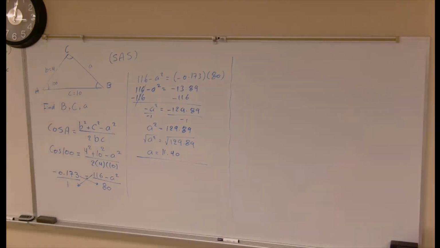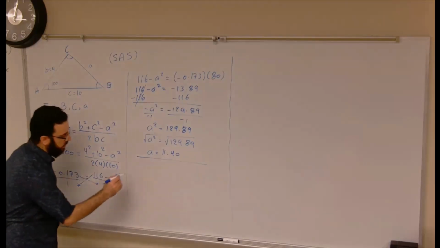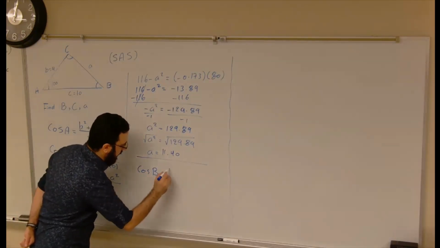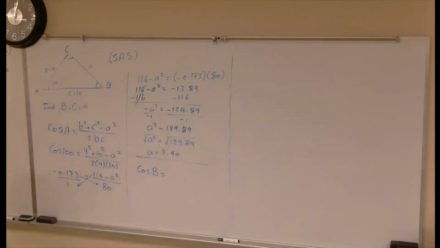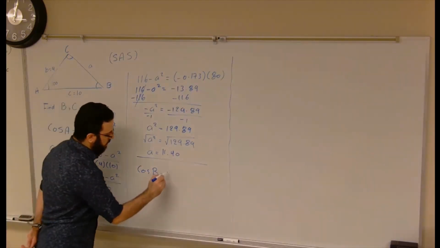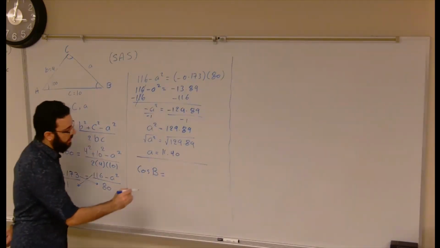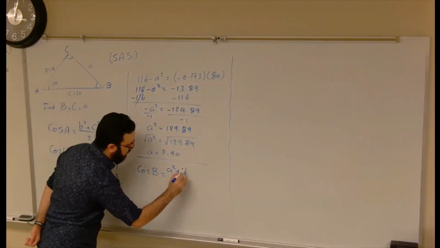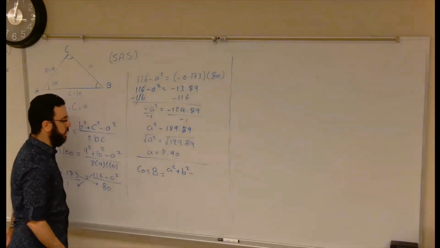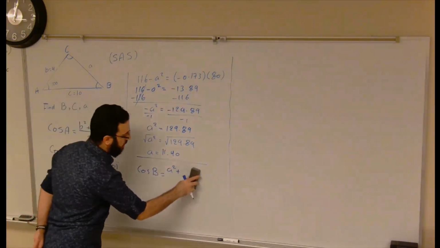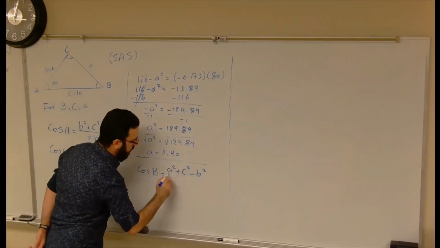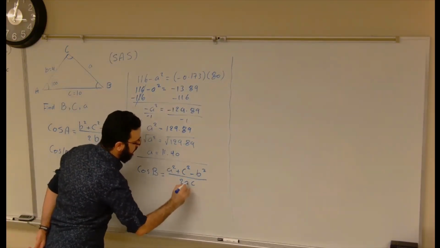B. That means I'm going to say, okay, cosine B is going to be a squared plus c squared minus b squared over 2ac.